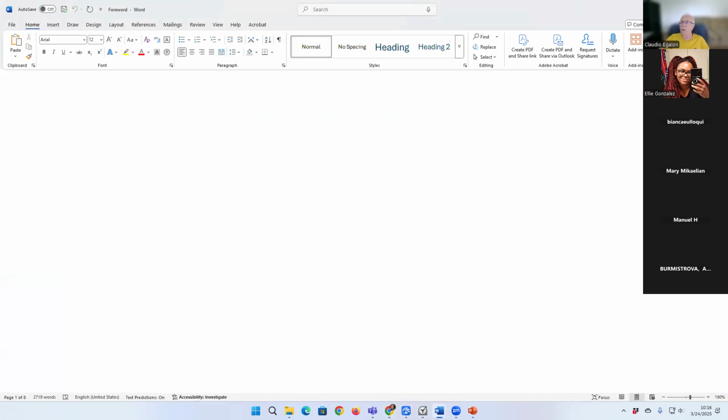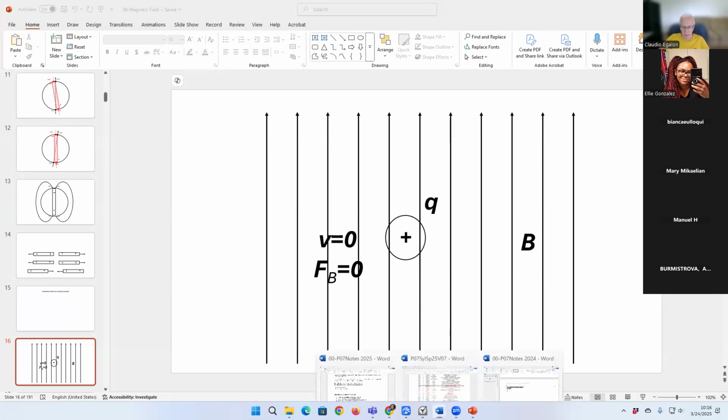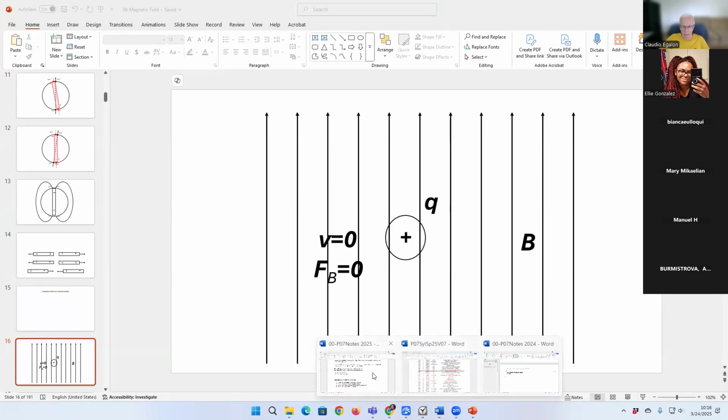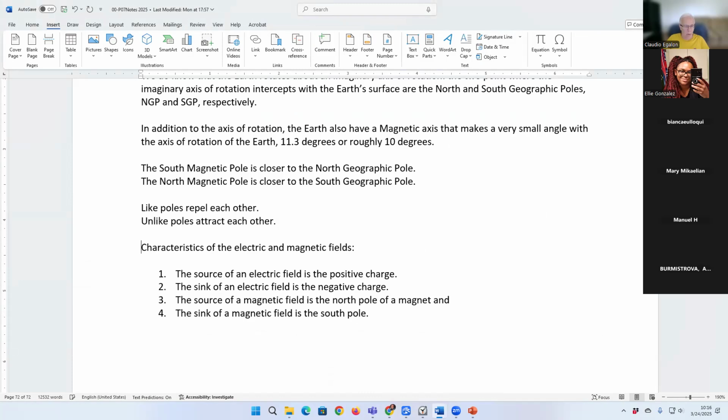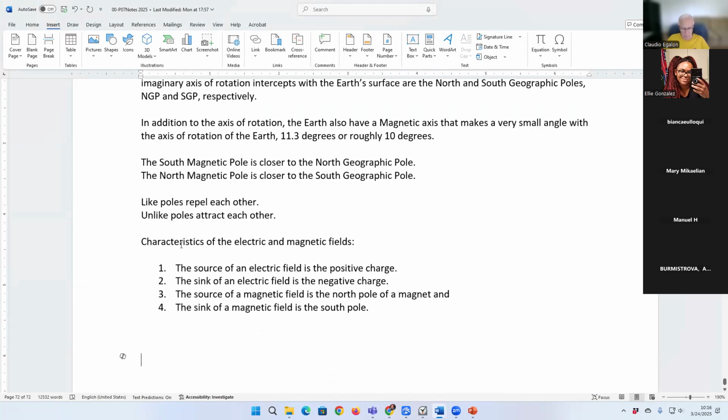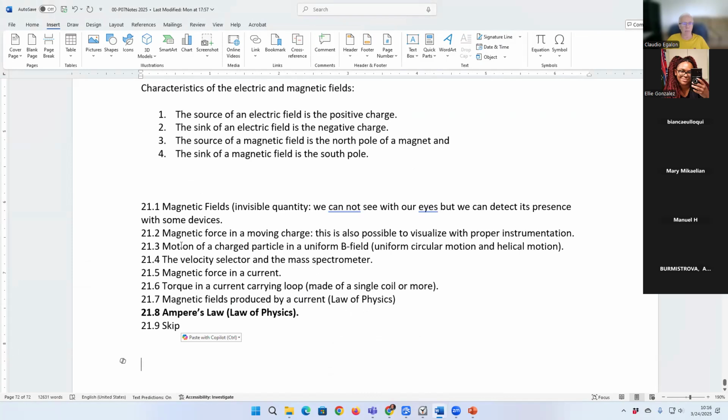I need this one here. And I want to go to magnetic field, magnetic force on a moving charge.